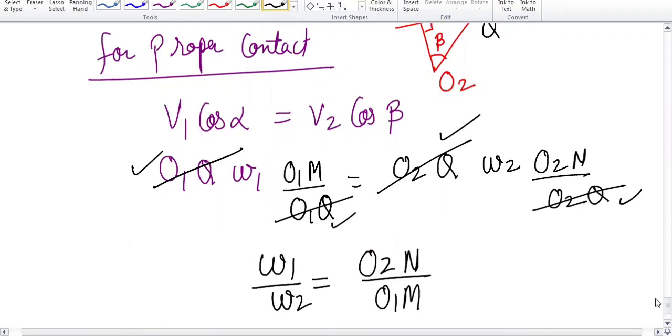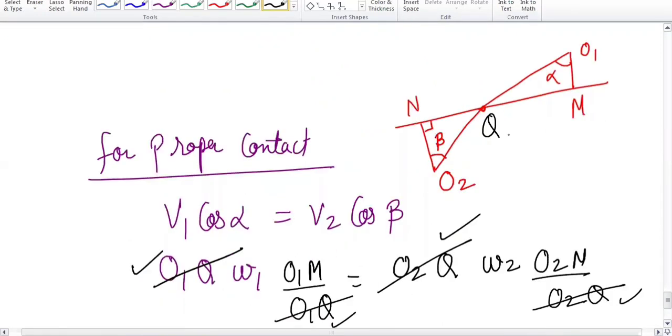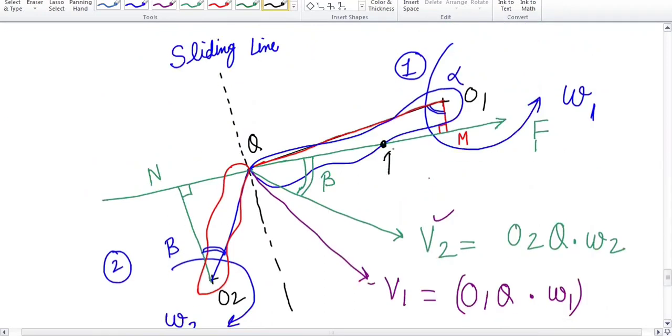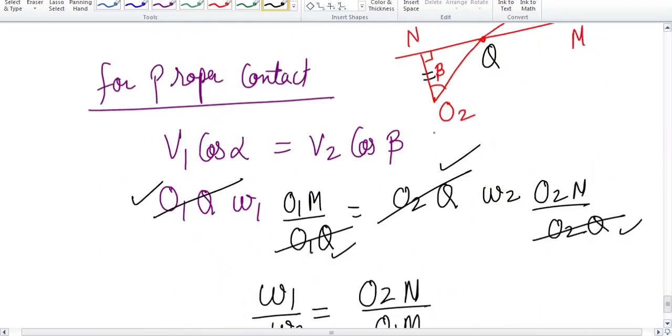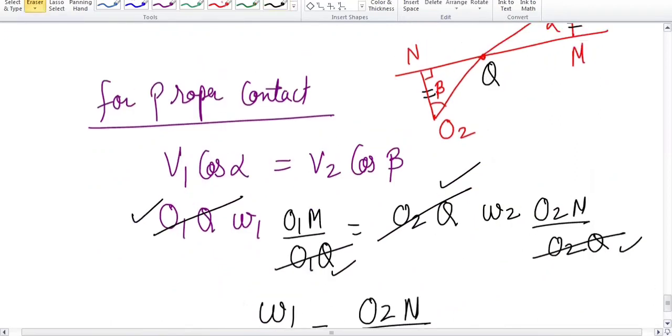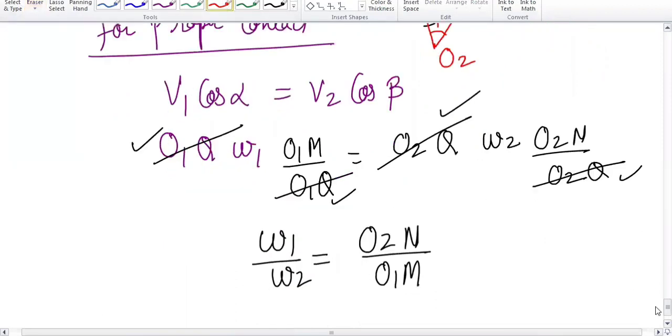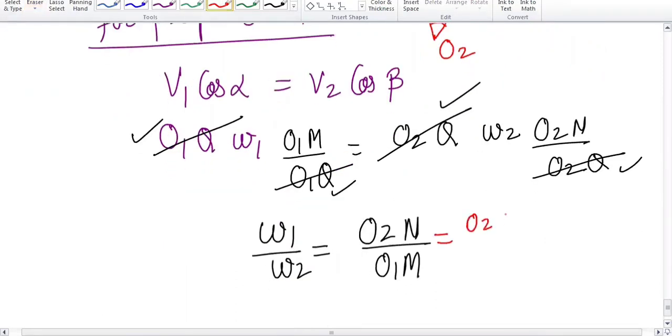From this similar triangle, we can see that O2N and O1M are perpendicular, and suppose there is a point known as the pitch point P. Later on I will prove that this pitch point will exactly lie at point Q. So suppose that point is not Q, that point is P. So O2N by O1M is equal to O2P by O1P, and also PN and PM. Similar triangle basically I have proved.